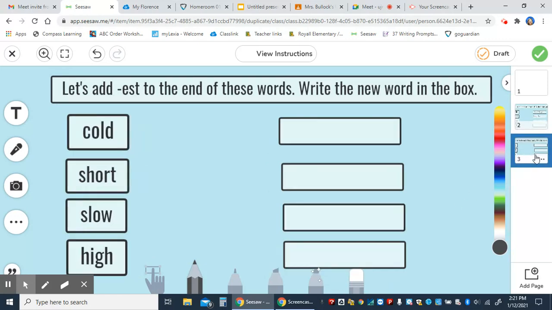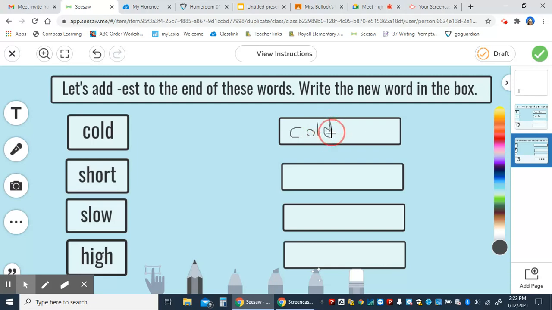You will go to the next page. This page says let's add EST to the end of these words. Write the new word in the box. So we have the same words again to make it easy. We have cold, short, slow, and high. We know we don't need to make any changes to the end of these base words.